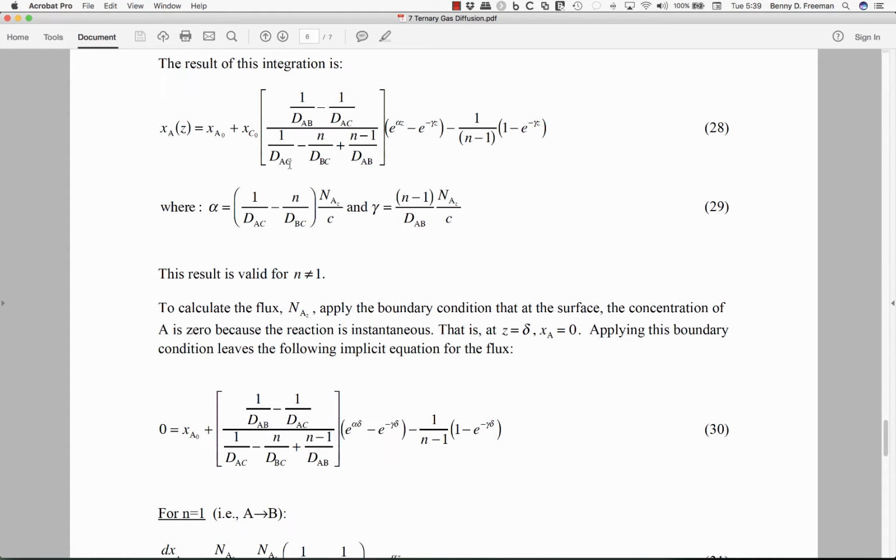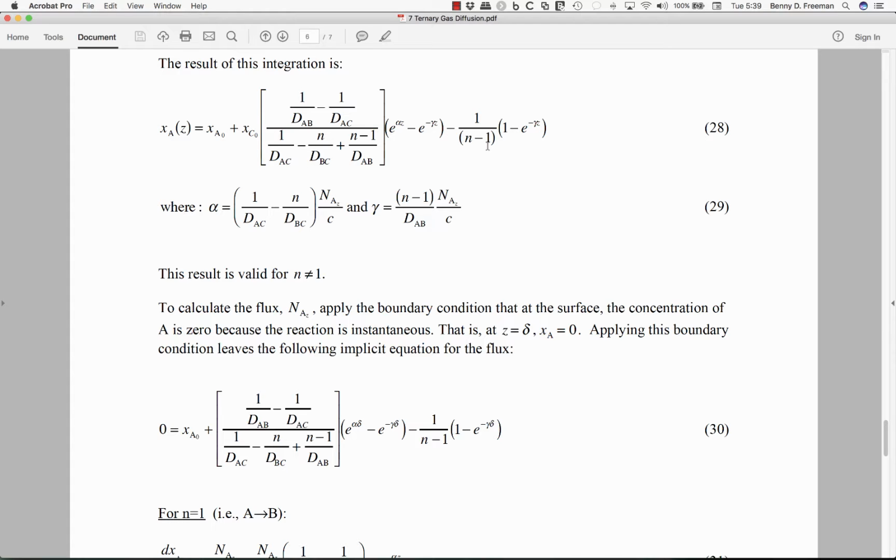And this particular result is valid for all cases where the stoichiometric coefficient is not equal to 1. You can see that in the case where the stoichiometric coefficient were equal to 1, that is, the simple reaction A goes to B, then the result that's shown here would not work mathematically.